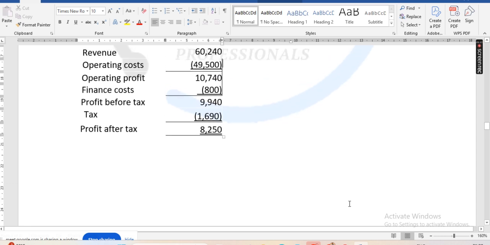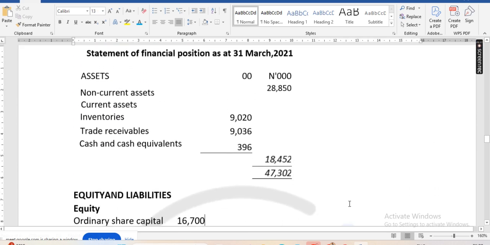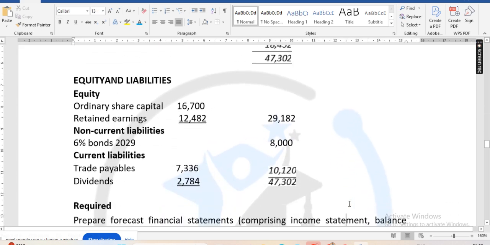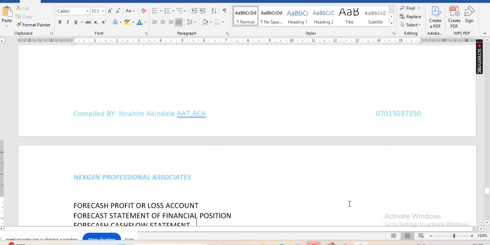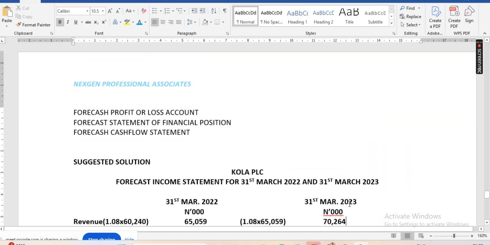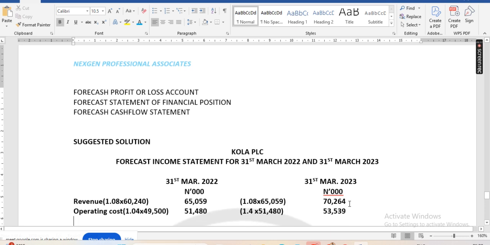So that is part of the reason you did not see depreciation in this part. So we assume that the operating costs exclude depreciation. Of course, we need to factor in depreciation because they purchased a new asset, probably at the end of the financial year of 2021, and this asset is depreciable.